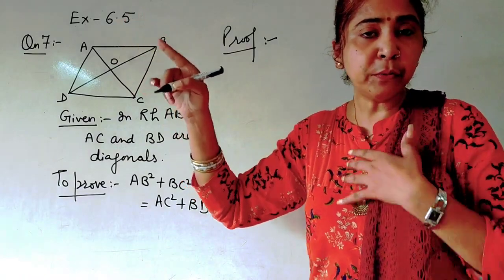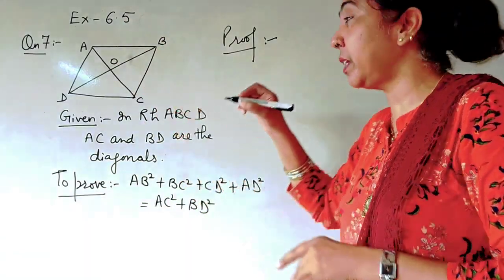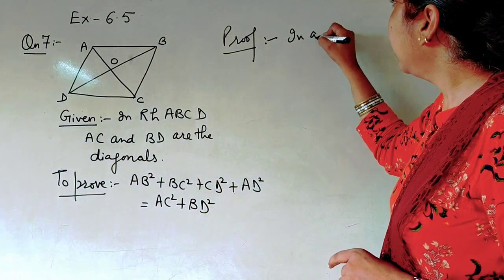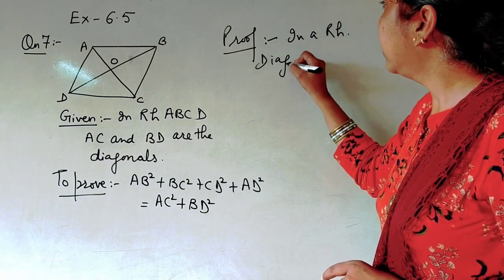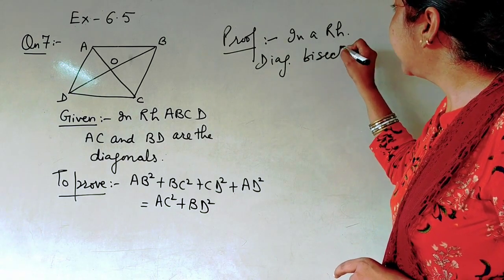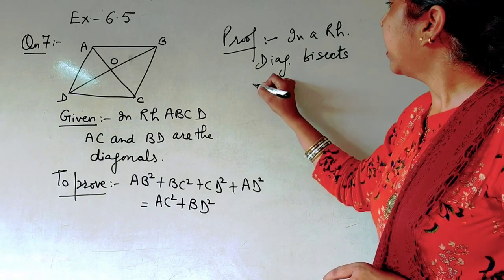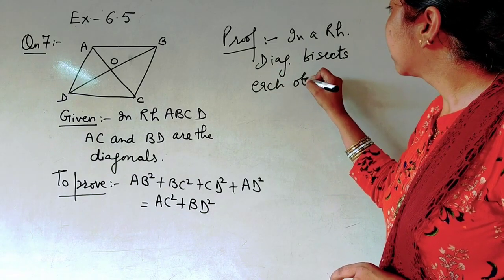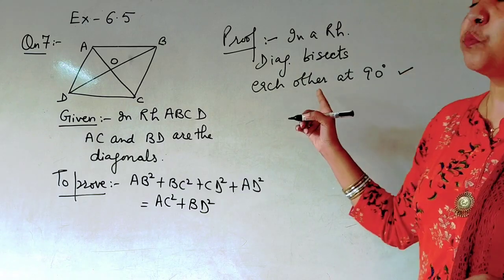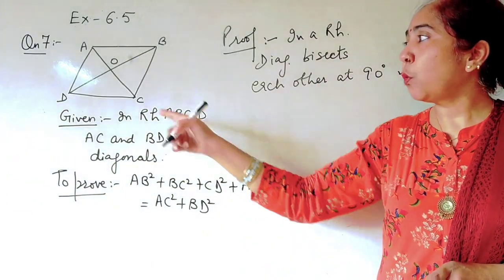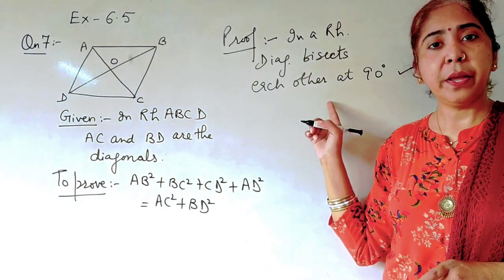First of all, we write the first property of a rhombus: in a rhombus, diagonals bisect each other at 90 degree. This is a very important property and the whole question is based on it, right?